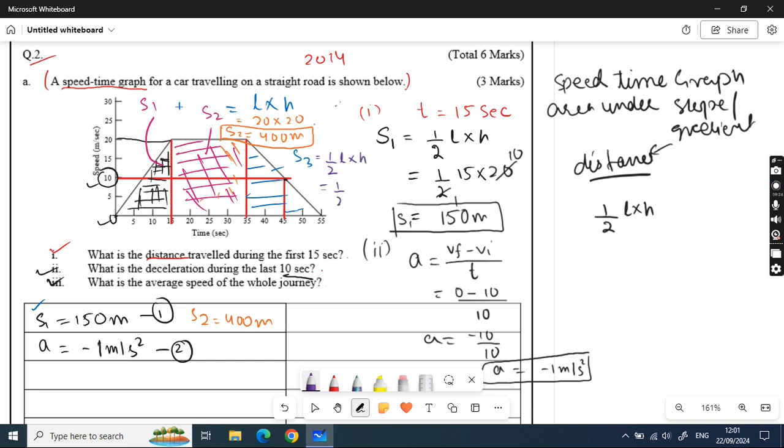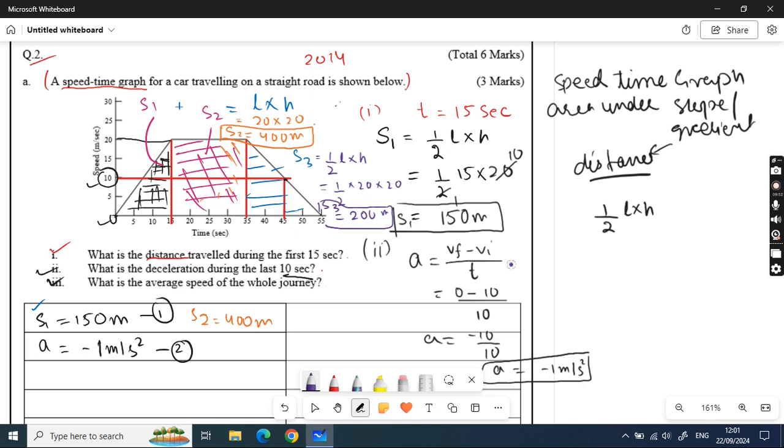The length is 55 minus 35, which is 20, and the height is 20. So 20 into 20 is 400, and 400 divided by 2 becomes 200. So S3 is 200 meter.